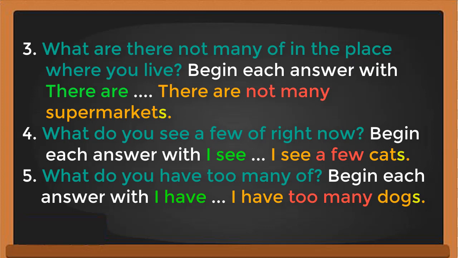And then number 5, what do you have too many of? You can answer, I have too many dogs. Maybe you have 10 dogs, but too many. Usually people only have 2 dogs, so if you have 10 dogs, that is too many.